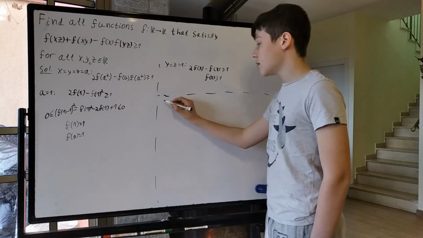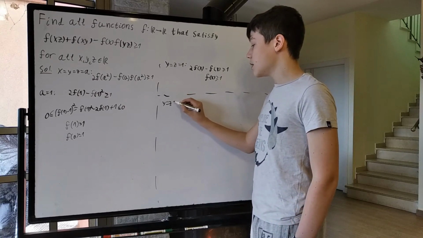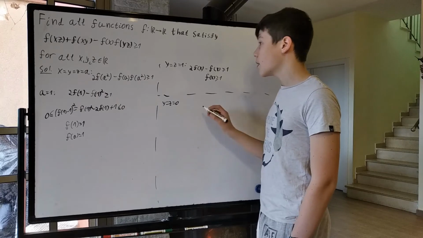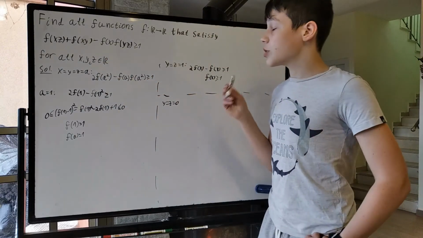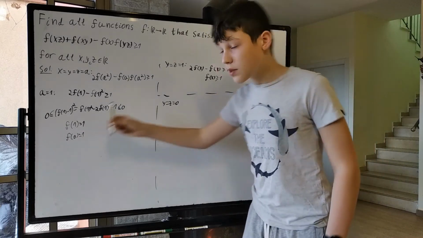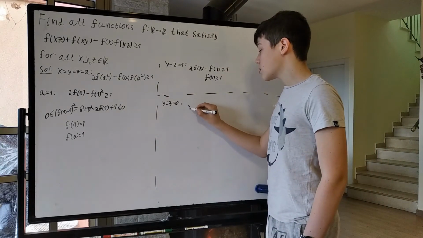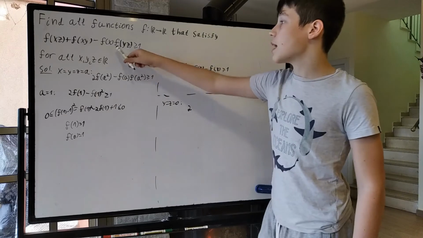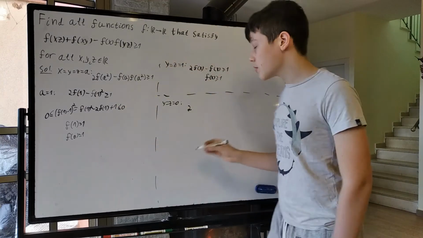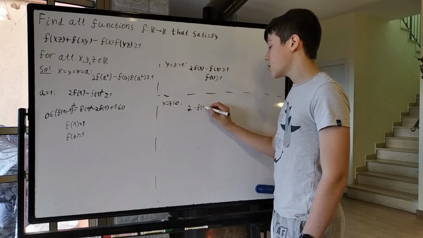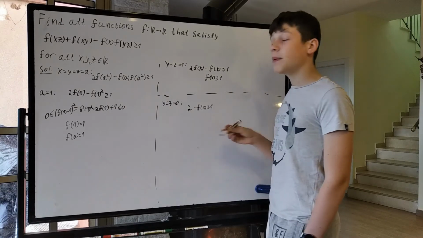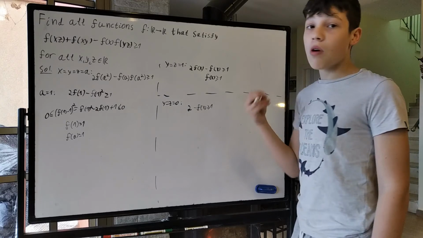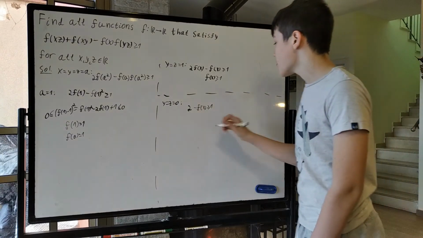Alright, now let's plug in y is equal to z, which is equal to 0. This time we get f of 0 plus f of 0, which is 2 times f of 0, but f of 0 is 1, so this is 2 minus f of x times f of 0. F of 0 is 1. So minus f of x is bigger than or equal to 1. And keep in mind, by the way, these are both for all x that are real numbers.